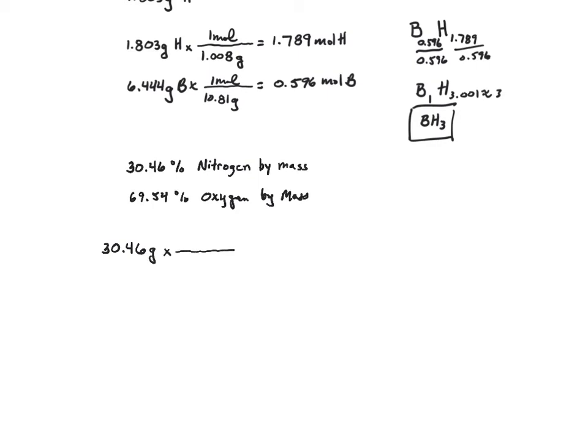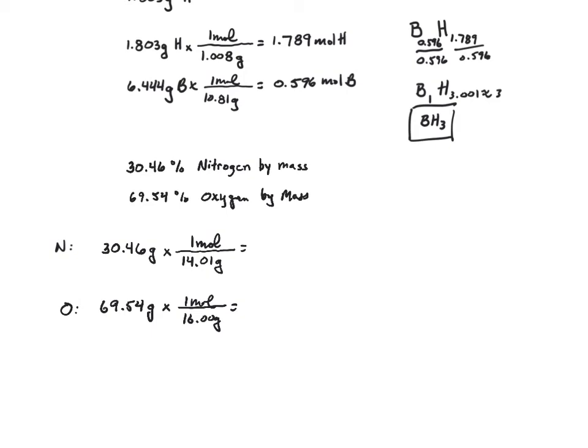Okay, so for nitrogen, we have 30.46 grams. And if we look at the periodic table, we see it has a molar mass of 14.01 grams per mole. And then for oxygen, we have 69.54 grams, and that's 16 grams per mole. And just like before, we're going to plug this into our calculator.